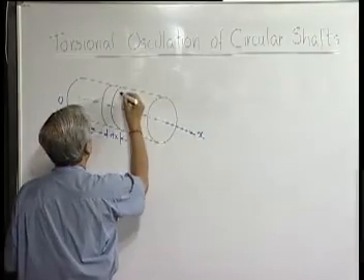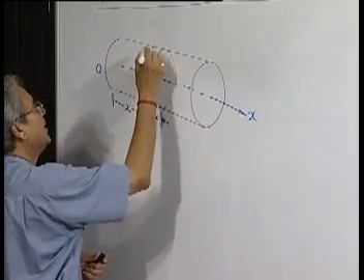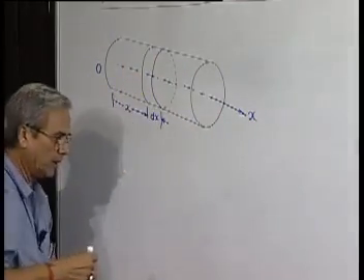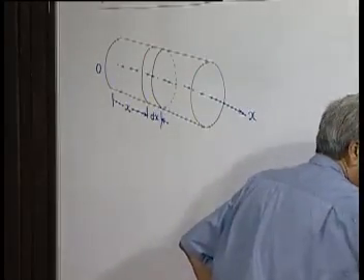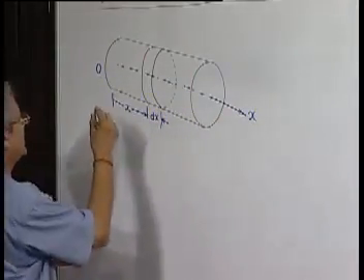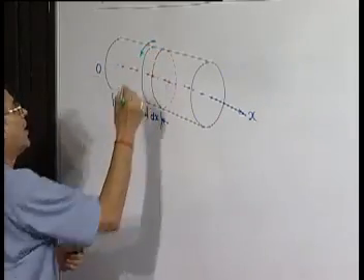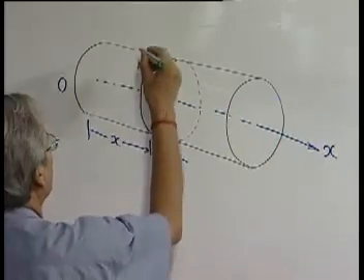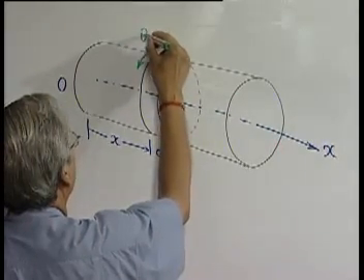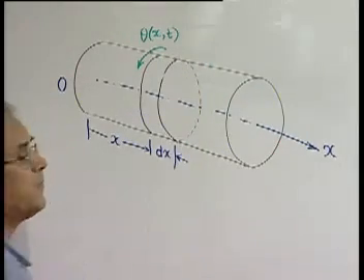If we imagine this element of infinitesimally small thickness, the displacement of the plane at distance x will not be linear displacement but angular rotation. Let this be theta, which will be a function of x and time.